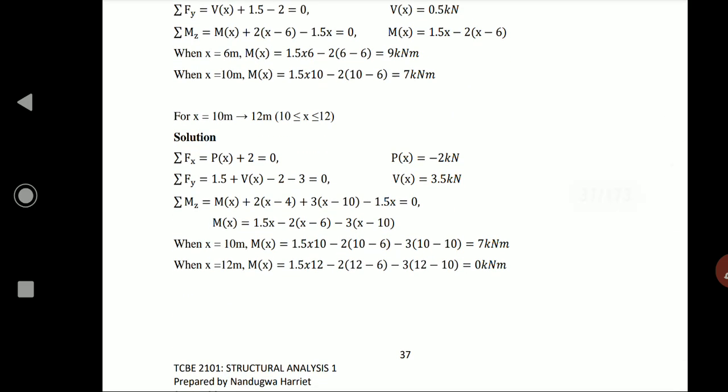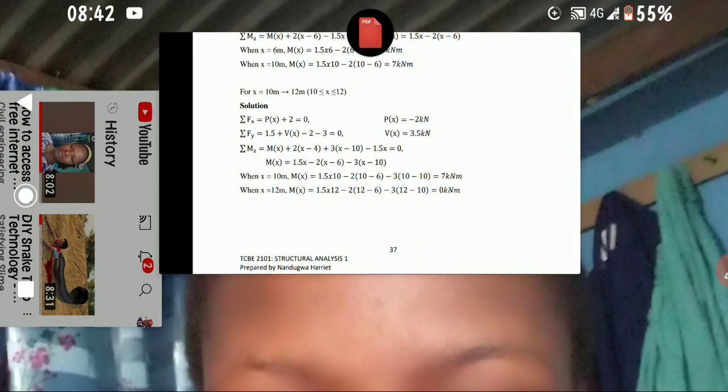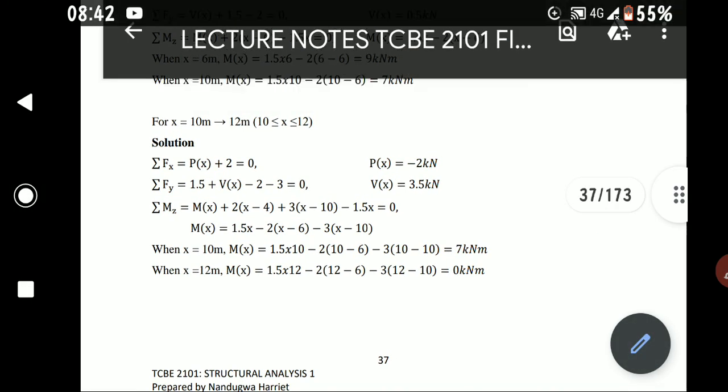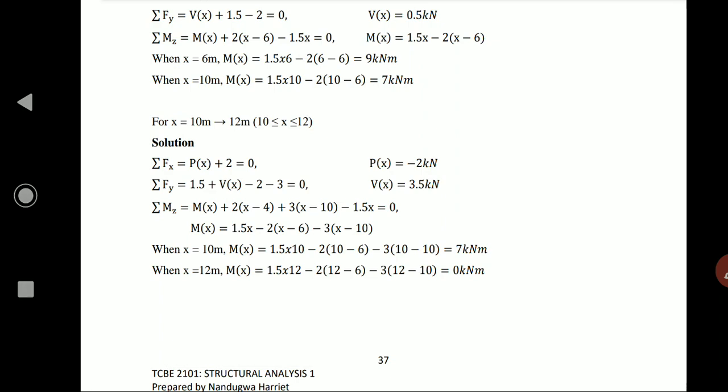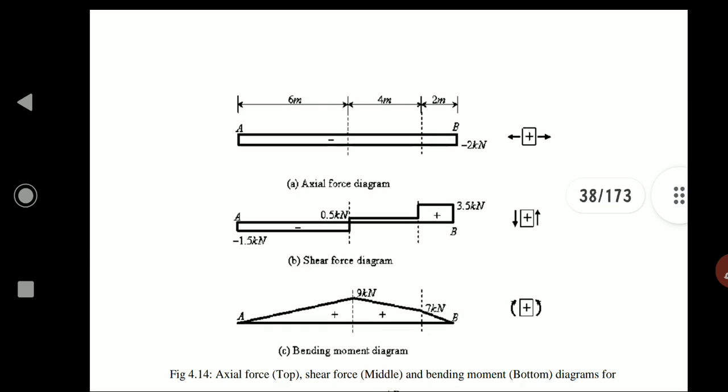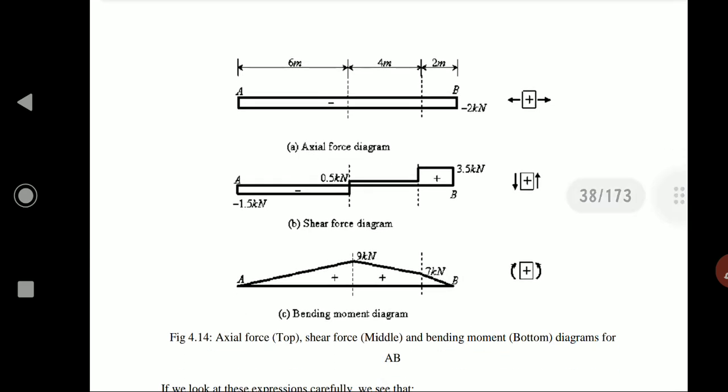Then between 10 and 12, still taking the equilibrium conditions, our bending moment when x is 10 is going to be 7 kilonewton-meters, and when x is 12 it becomes 0. Then from there we can draw our axial, shear and bending moment diagrams depending on sign convention.